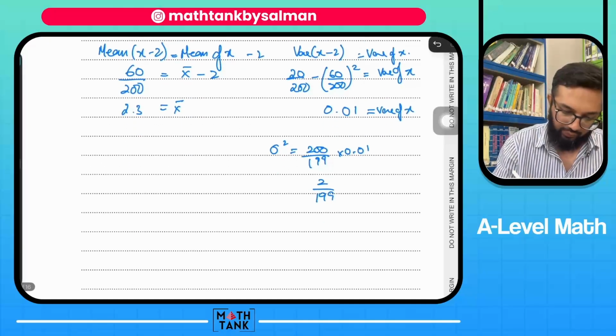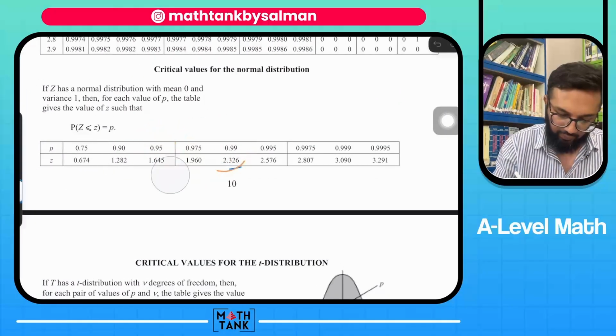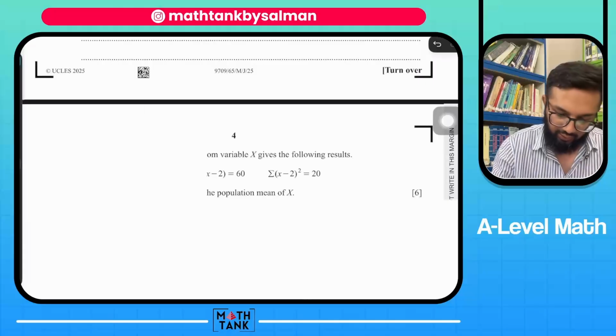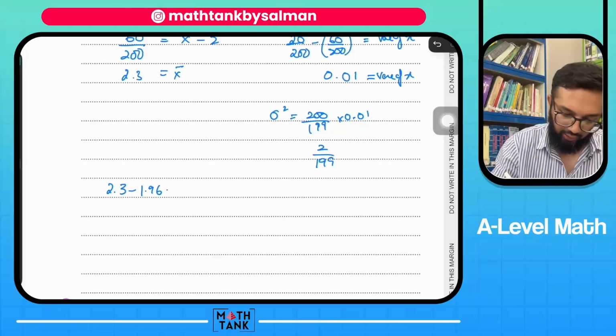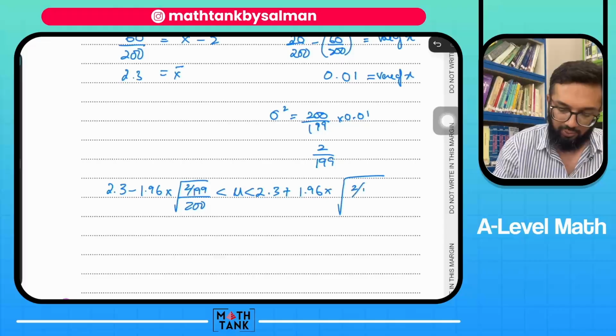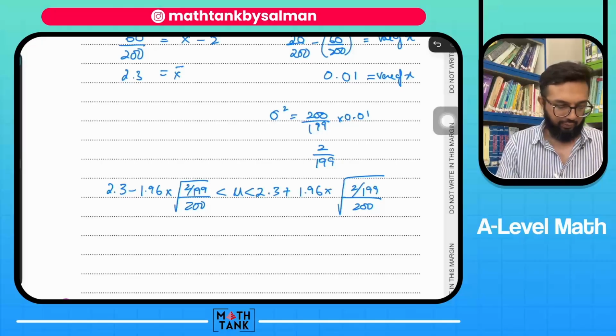Okay, let's construct the confidence interval now. 2.3 minus the z value for the 95% confidence interval, which is the 97.5 percentile, so that's 1.96, into the root of 2 over 199 divided by 200, and 2.3 plus 1.96 into the root of 2 over 199 over 200.